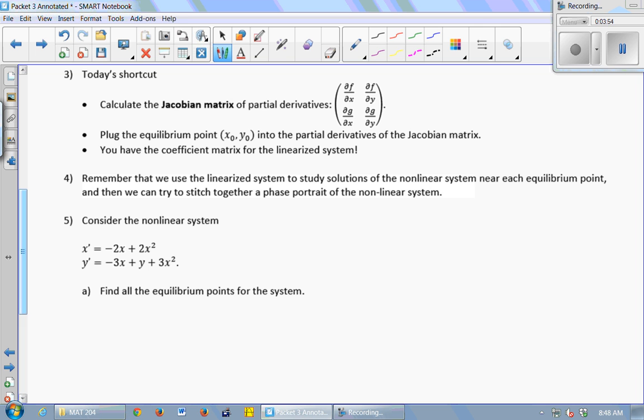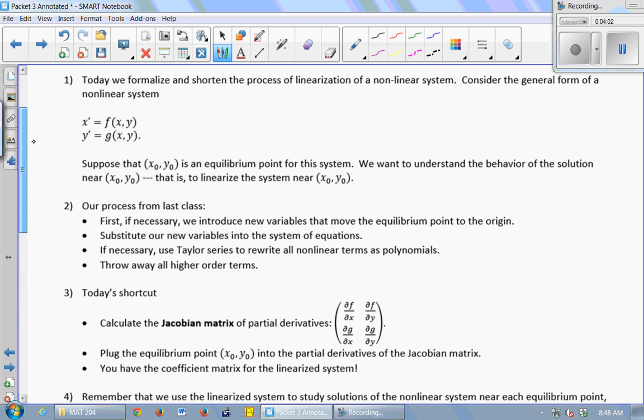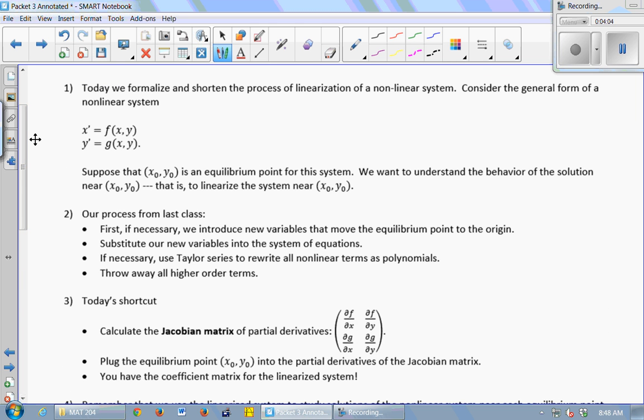All right, so today's shortcut is much quicker. You calculate the Jacobian matrix of partial derivatives. So we've got 2 functions, both functions of x and y. It's just the right-hand side of your 2 differential equations. Take the partial of f with respect to x and the partial of f with respect to y. Those make the top row of your matrix. And then the partial of g with respect to x and the partial of g with respect to y. Those make the second row.